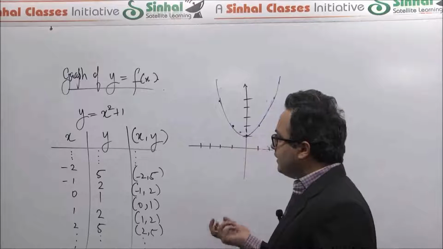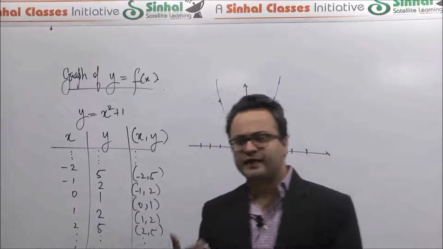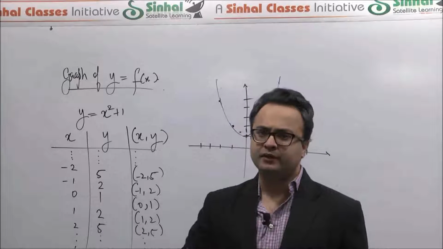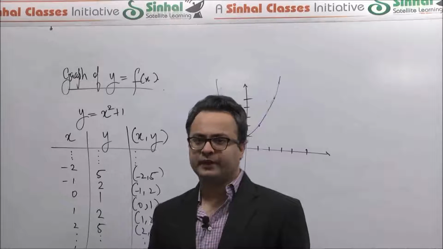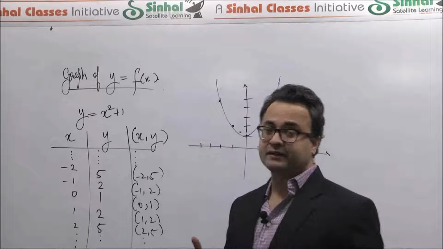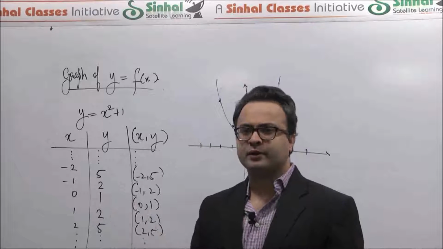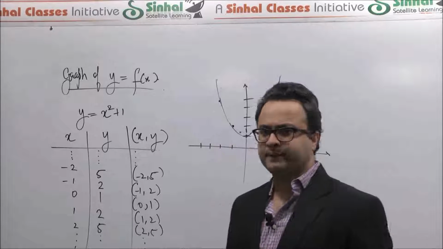So one basic requirement that the graph of y equal to f of x has to satisfy is that for any line drawn parallel to the y-axis, that line will intersect the graph at exactly 1 point. Right? If it is intersecting the graph at more than 1 point, then that graph cannot be the graph of a function.